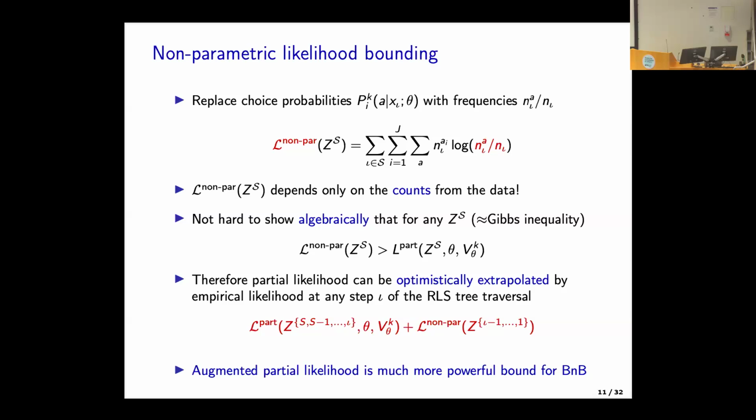This can be done for any points in the state space once I have the data, right? I don't have to solve the model to calculate this. It only depends on the counts from the data. Now, from Gibbs inequality, you can show algebraically that this is always greater than or equal to the true likelihood calculated at the same set of points.